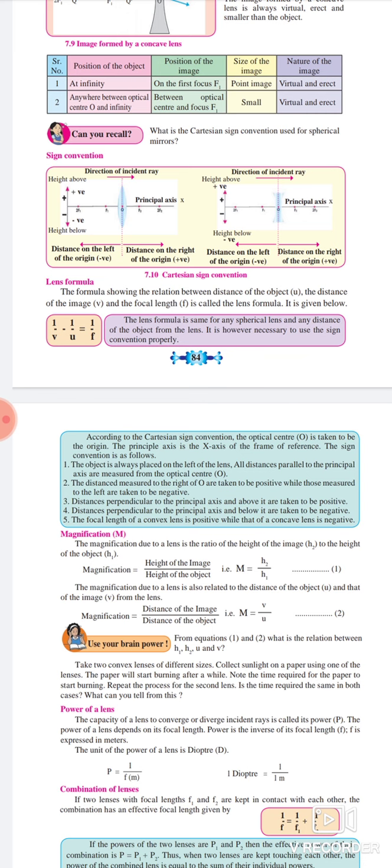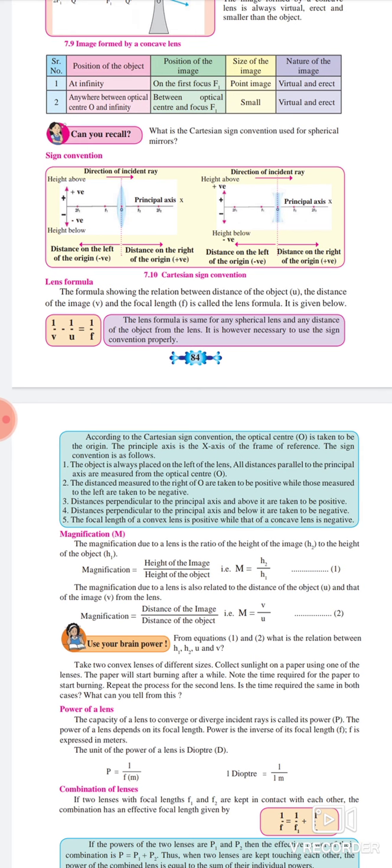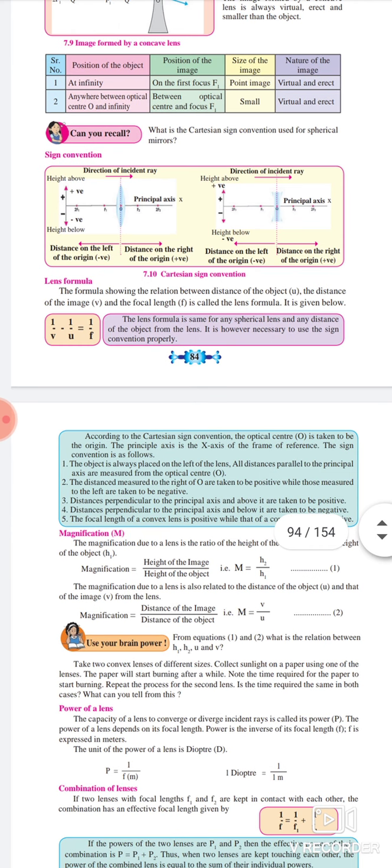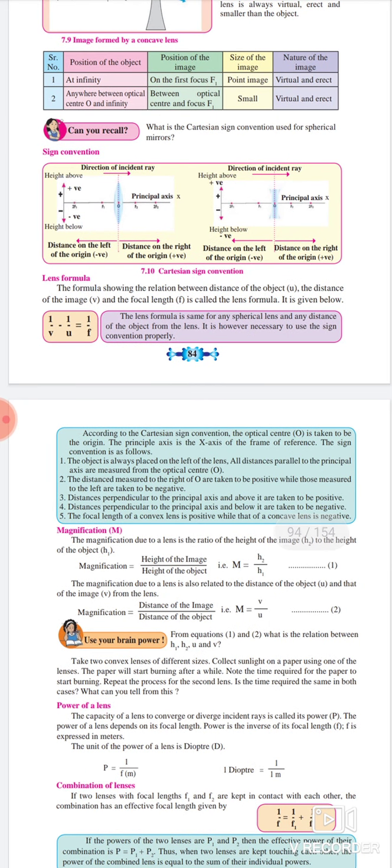See children, 1 by v minus 1 by u is equal to 1 upon f. This lens formula is the same for any spherical lens and any distance of the object from the lens. It is necessary to use the sign. Sign convention means you have to take positive or negative.